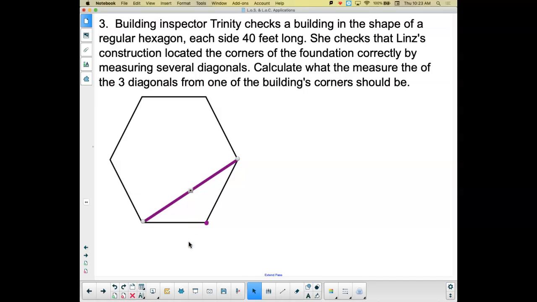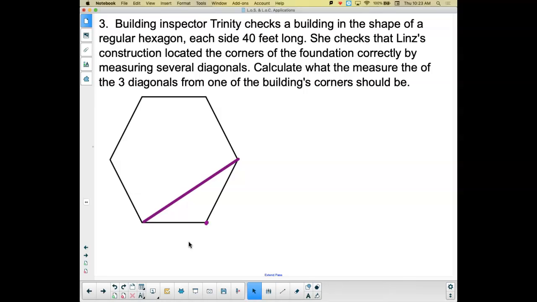Because the definition of a diagonal is connecting any two non-consecutive vertices. So like this, I can't connect this one and that one. That doesn't make a diagonal. You could go from a different top one, right? Top left. But I want to be at that one point. So I want all the diagonals off of that point.